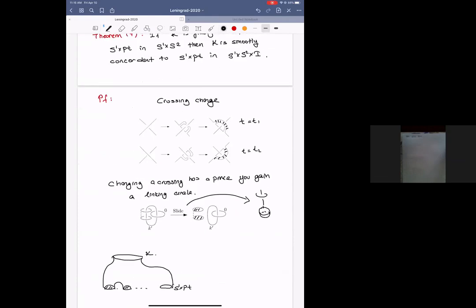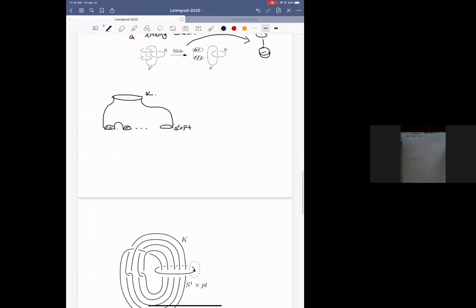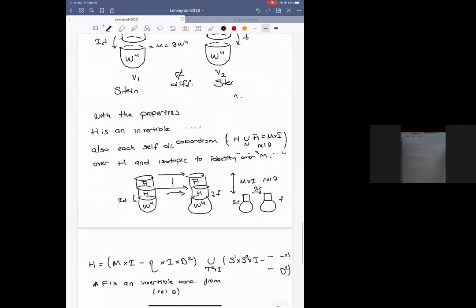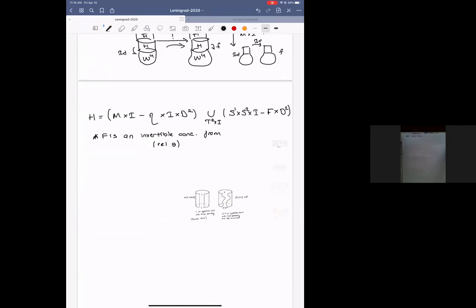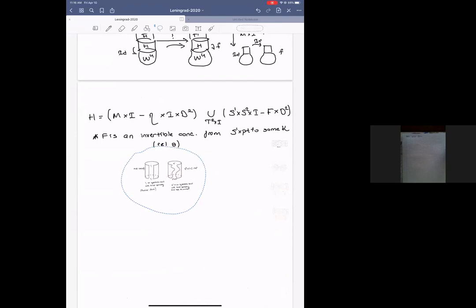So if you take one concordance and turn it upside down, it becomes diffeomorphic to the product concordance. So it is an invertible concordance from S1 to some K. And this is the picture.